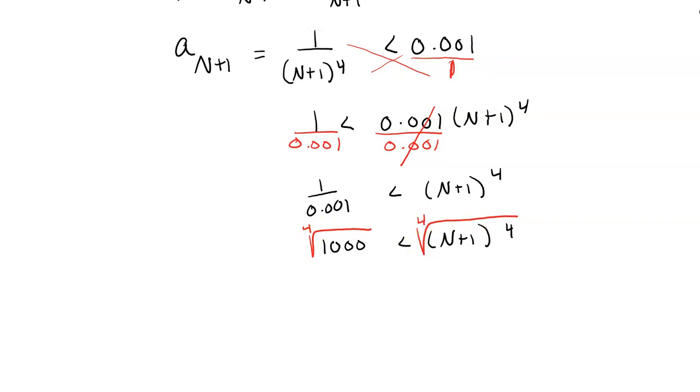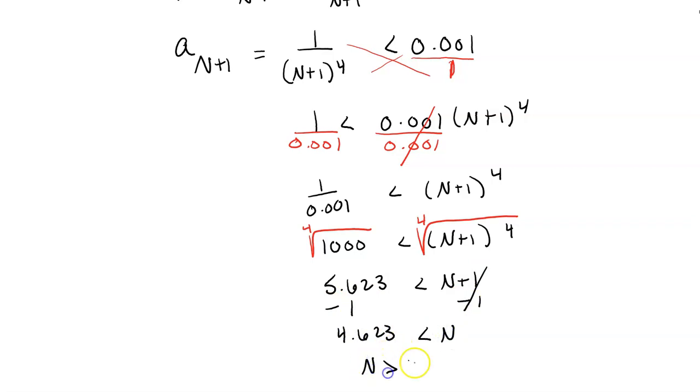And the fourth root of 1,000 is about 5.623, which is less than n plus 1. So if I subtract 1 from both sides, I get 4.623 has to be less than n, or n has to be greater than 4.623.